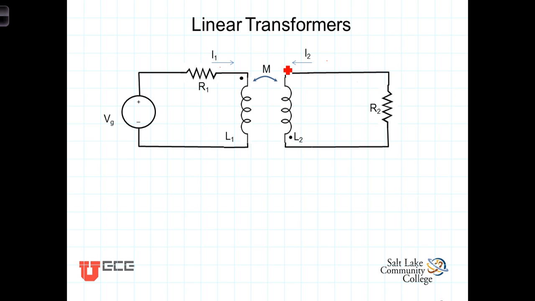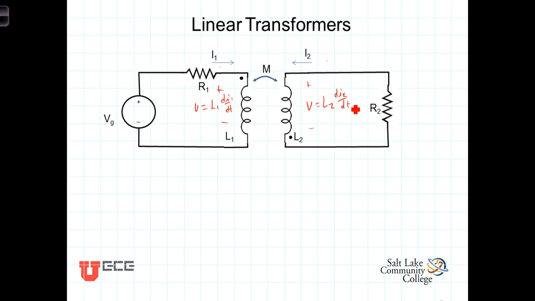Each of these currents flowing through the coil will induce a voltage across each of their own coils that is proportional to the derivative of the current. In other words, you'll have a voltage across here, V equal to L1 dI1/dt, and there will be another voltage here induced with V equaling L2 dI2/dt.